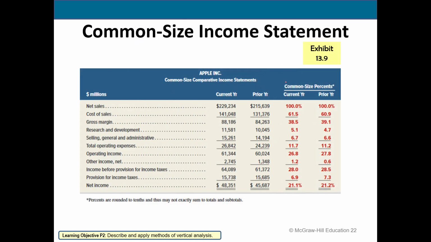And we do the same thing with the income statement, except that we're comparing each account with sales. So cost of sales is 61.5% of sales. Gross profit is 38.5% of sales, and so on and so forth.